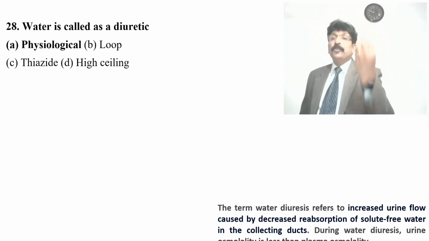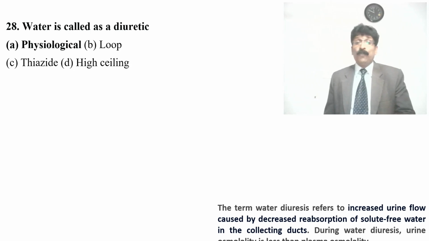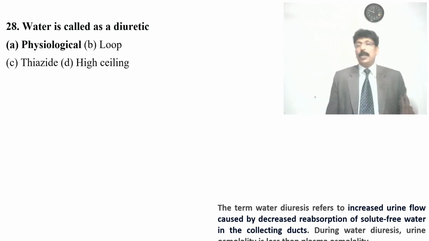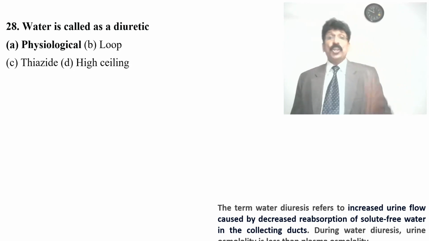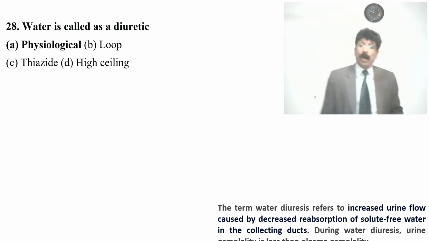You may be knowing the parts. Increasing the urine flow by decreasing the reabsorption in the collecting duct during water diuresis, urine osmolarity is less than the plasma osmolarity.